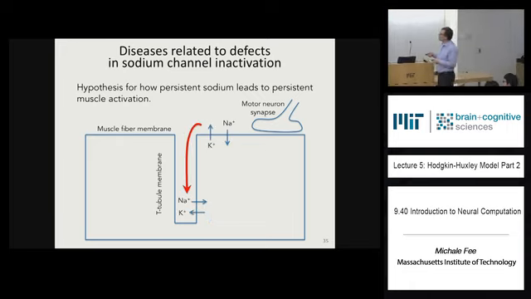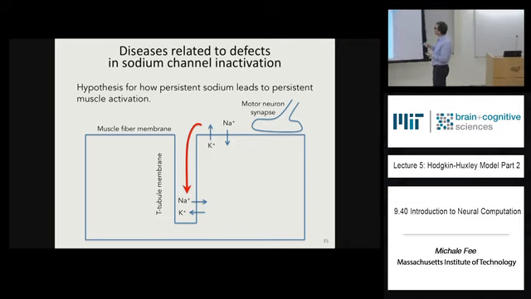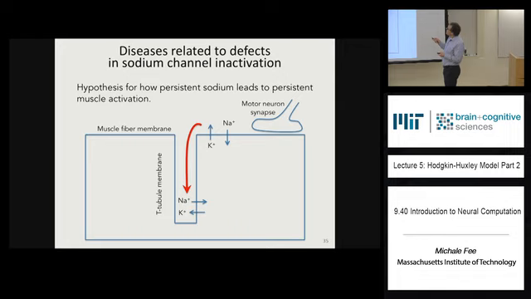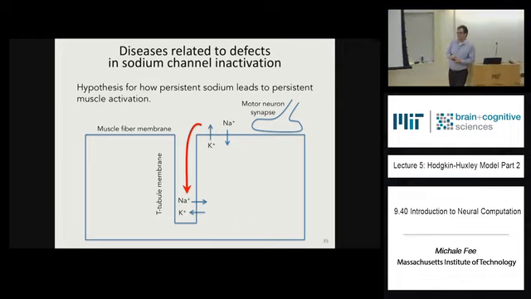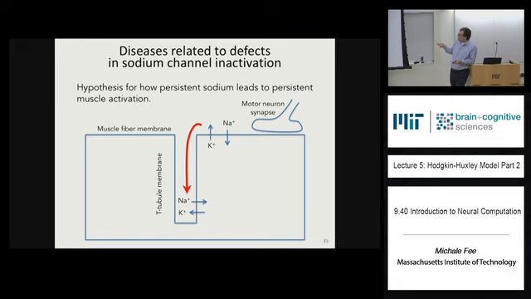Now, what happens when we have a sodium ion that isn't inactivating? What happens is you're going to get a lot more spikes. Right? You're going to get a lot more spikes generated because this sodium current turns on, but now it's not properly inactivating.